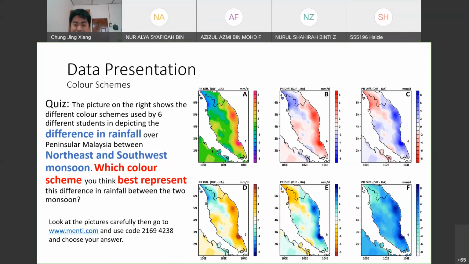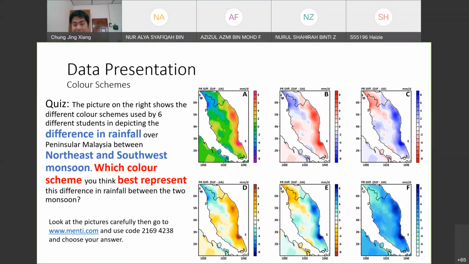So 37 cast the vote. We have 38. So what happened to the other people?